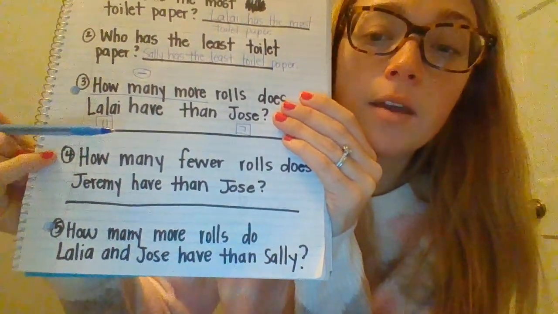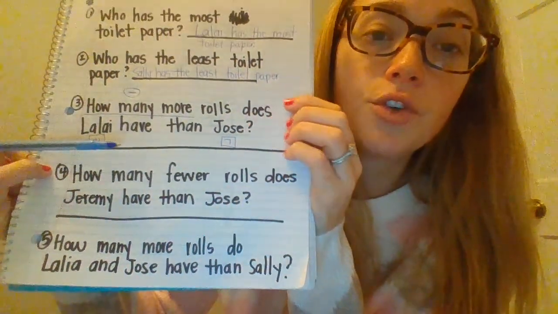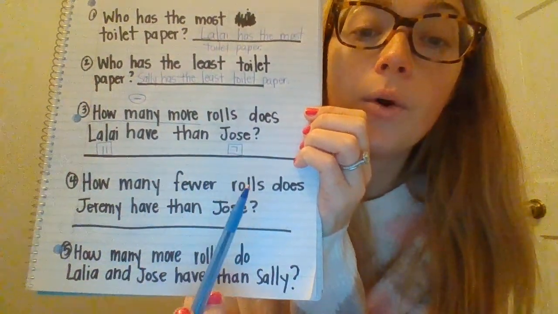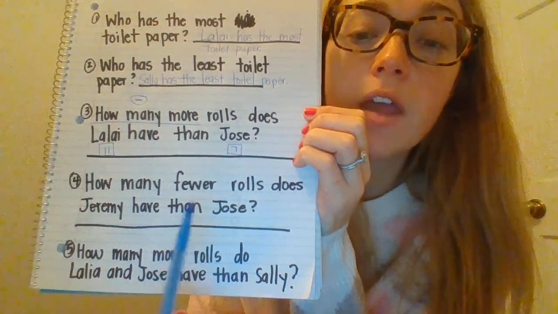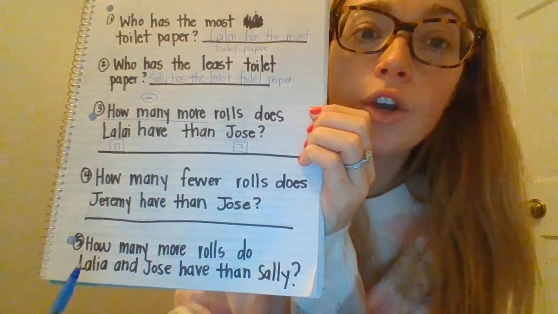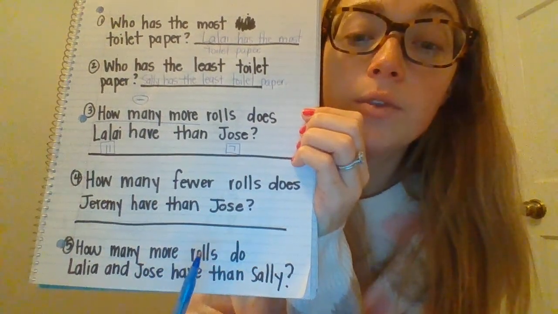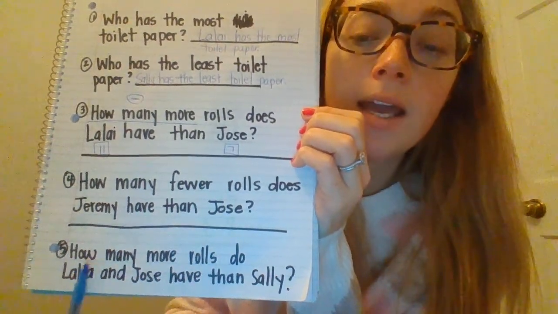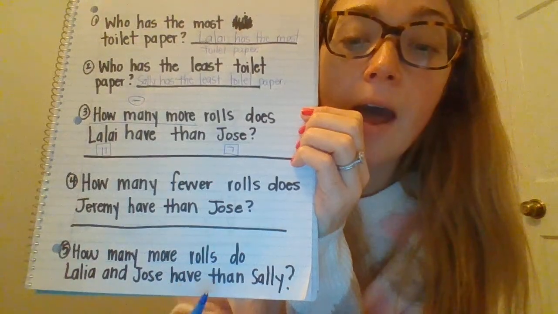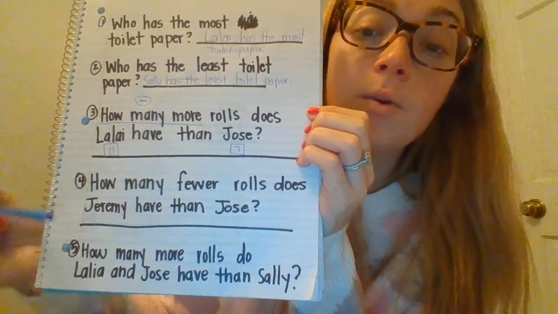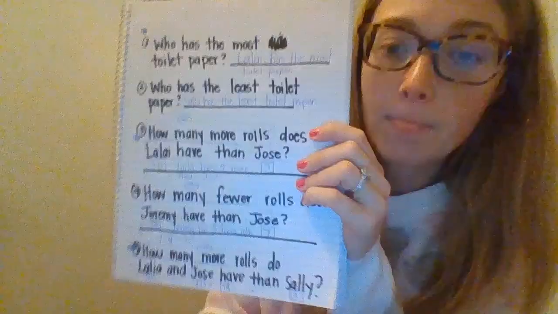So while I'm writing my complete sentence, I want you to use your bar graph to determine how many fewer rolls does Jeremy have than Jose. And then you're going to do the brain stretcher. How many more rolls do Layla and Jose have than Sally? So go ahead and pause it right here so you can see the questions while you're working.